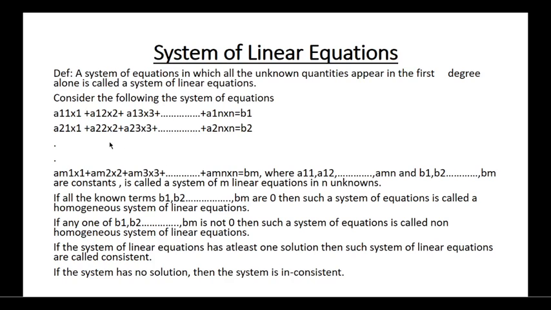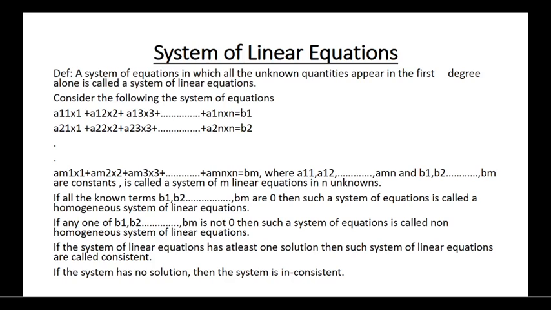In this system of linear equations, if the right hand side constants b1, b2 and so on bm are all 0, then such a system of equations is a homogeneous system of linear equations.